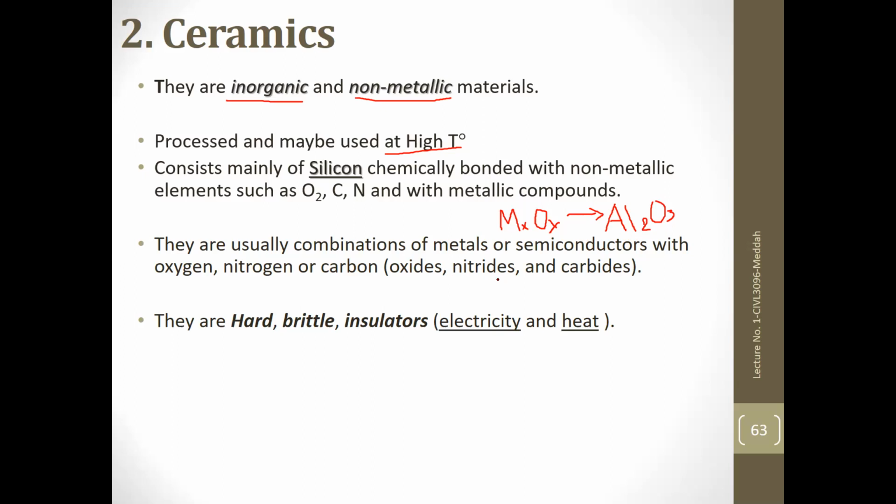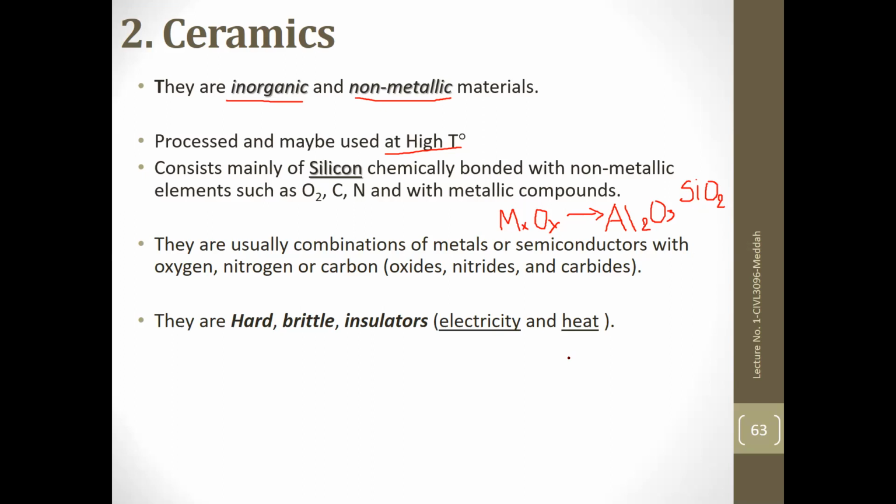This is why we said it could also be combined with semiconductors, because Si is considered a semiconductor. So SiO2, silicon dioxide, is also a ceramic material, but here we combine silicon, which is a semiconductor, with oxygen.